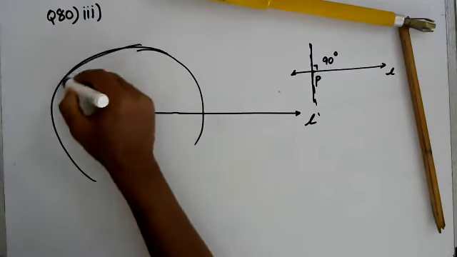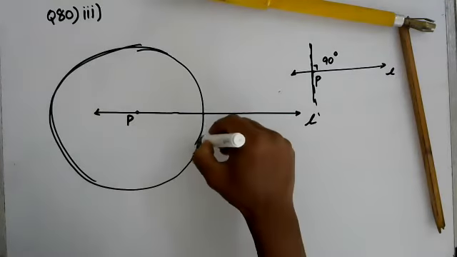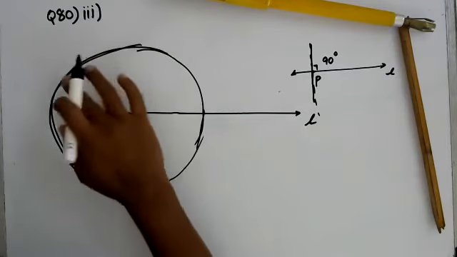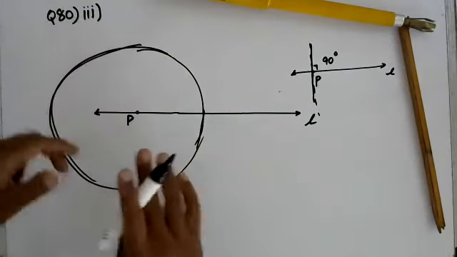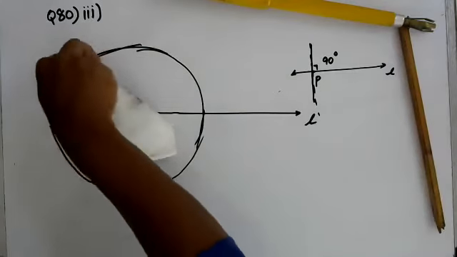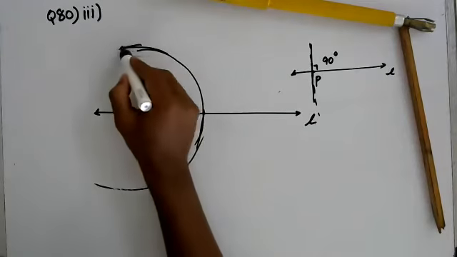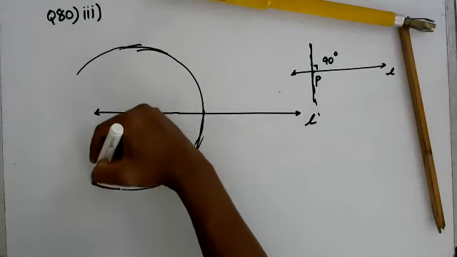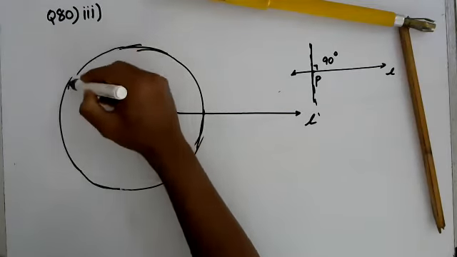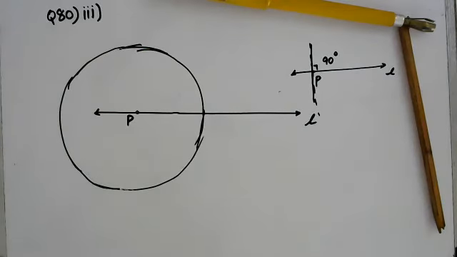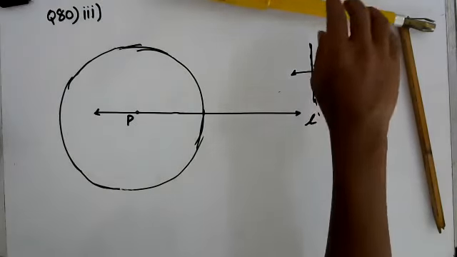Make it fairly large, not a very tiny circle around point P. Let me erase this and make it a proper circle. Something like that.